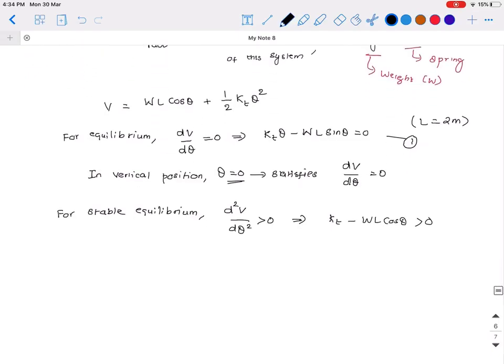So W should be less than kT by L cos theta for stable equilibrium.